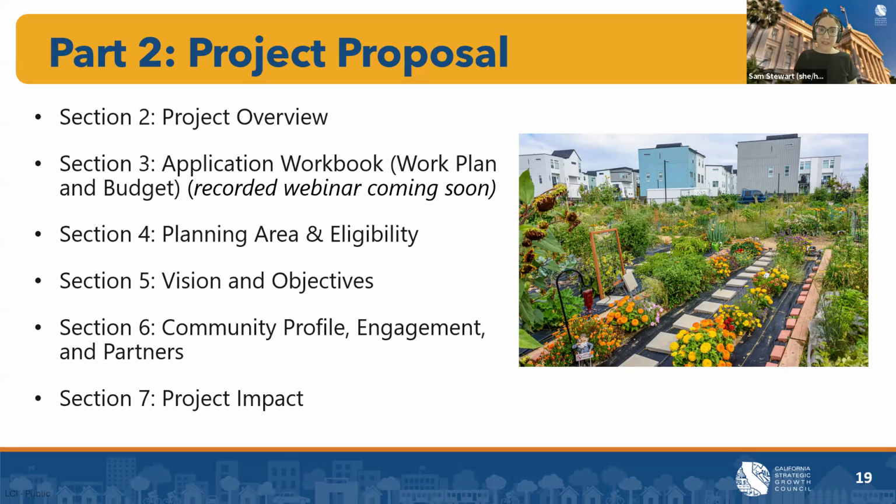Section 6, Community Profile, Engagement, and Partners. We'll get into this a little more in upcoming slides, but this section allows you to describe your local community within your planning area and surrounding your proposed CRC facility.